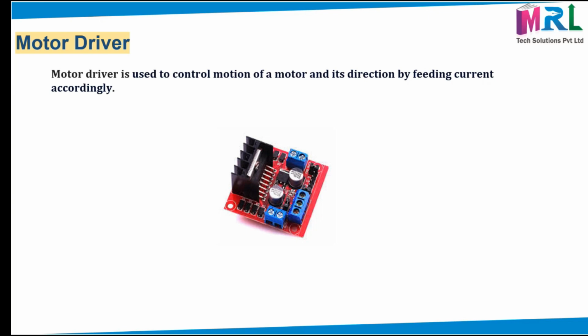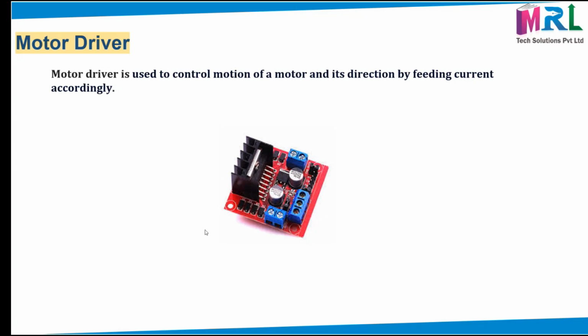You can show that on the screen if you have a red color one. Show that on the screen, everyone, what kind of driver you have. Paul is showing a different driver. You can see that it contains an IC, but others have the red color one.